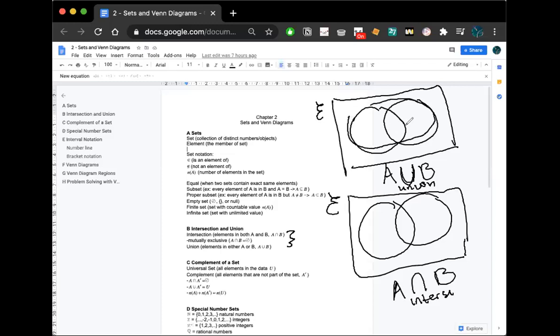I usually imagine the U as involving everything, while the N is restrictive, so it only takes certain areas, which is why the intersection only takes the elements that are in both sets. Well, for union, because it includes all, it covers all, it's usually like this.